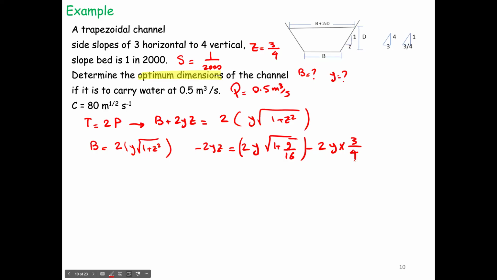If I simplify that, probably I will get B equal to Y. You can double check it. Let me double check.